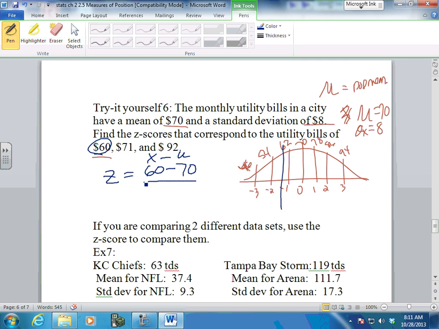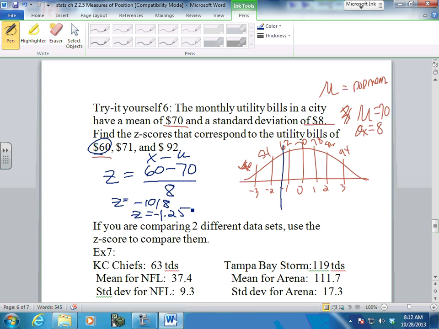But if you don't remember that one, place it on your chart and you'll know if it's to the left, you have to subtract so it's negative. And divide by 8. So now you're going to get negative 10 divided by 8. And this is going to give you your z-score. Negative 1.25. Look how good Ben was. That was good, Ben.